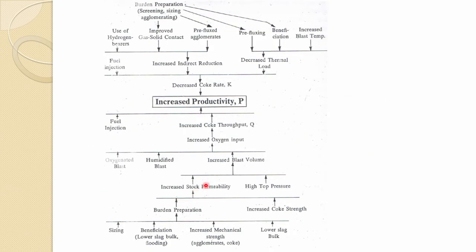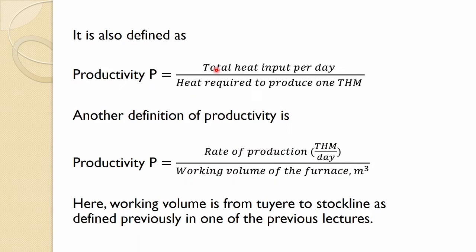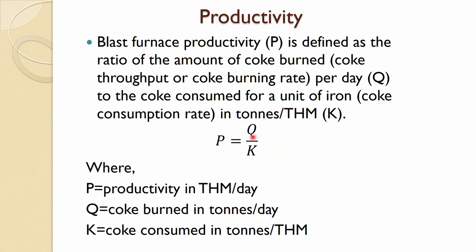If you want to increase the productivity, then as we saw in the first definition, you either decrease K or increase Q. Increasing Q means the amount of coke burned per day increases, so productivity increases.